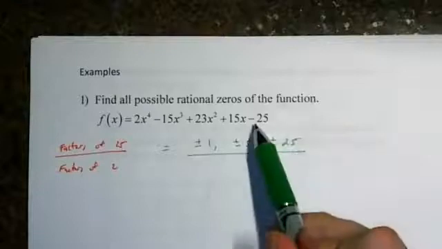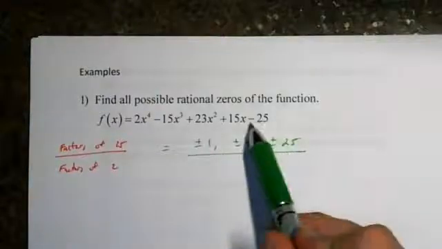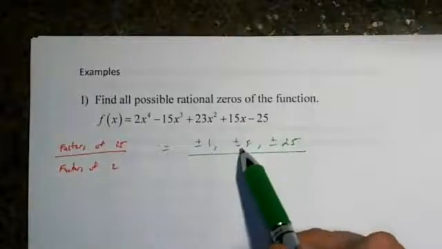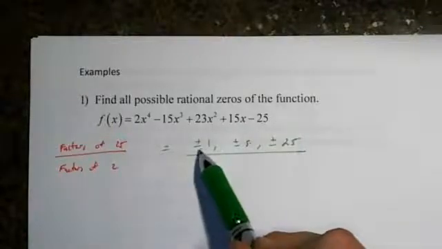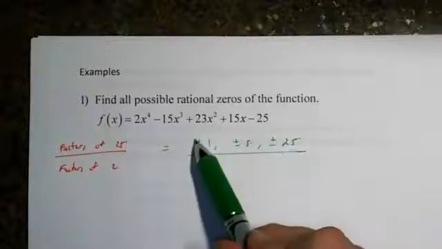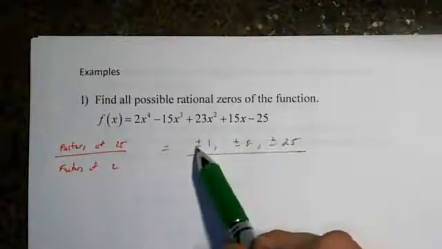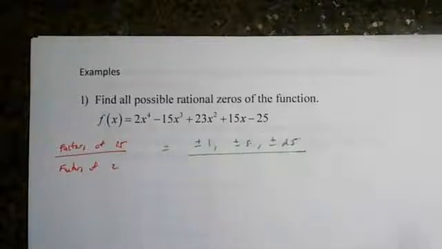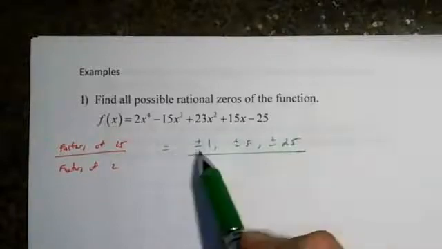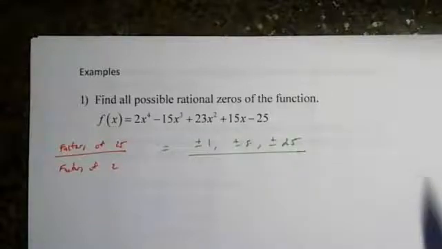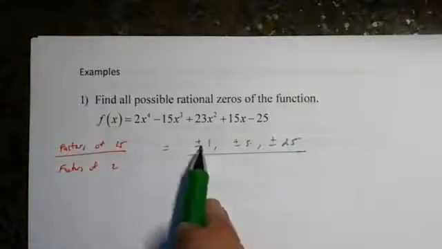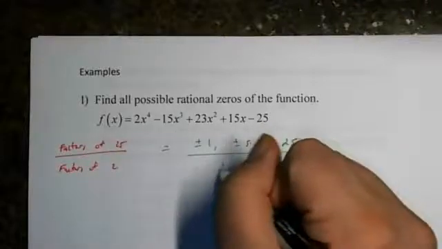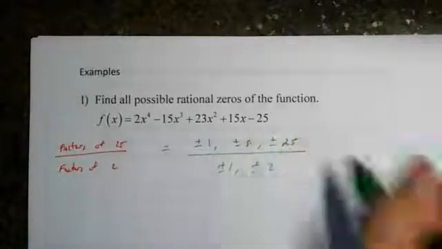That's why we don't care about the sign, really. If it's negative 25, well, that could be a positive 5 and a negative 5, or a positive 1 and a negative 25, or a negative 1 and a positive 25. So we're just going to use plus or minus, so don't worry about the sign. Always put plus or minus. These are all the factors of 25. The factors of 2: plus or minus 1, plus or minus 2.